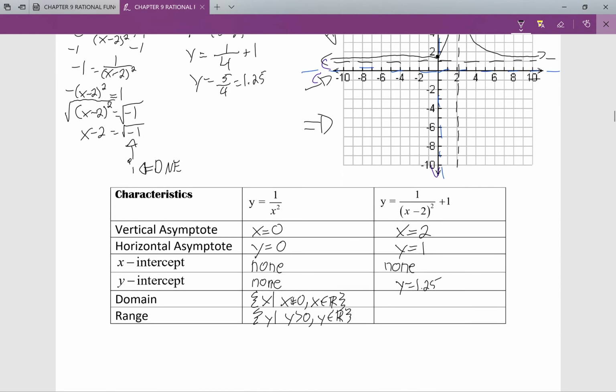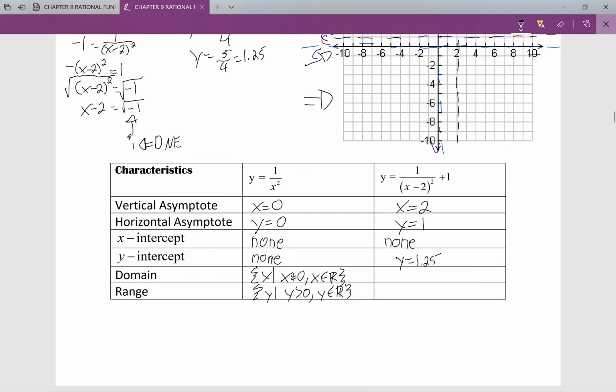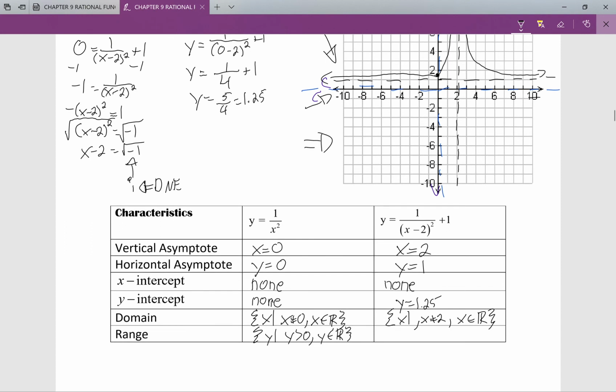From here, my domain. Well, my vertical asymptote shifted 2 units to the right. So my domain is now just going to be x, where x cannot equal 2, and x is in the set of real numbers. My range, my horizontal asymptote shifted 1 unit upwards.